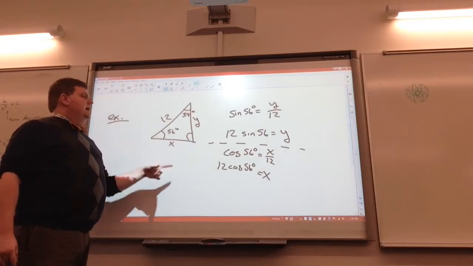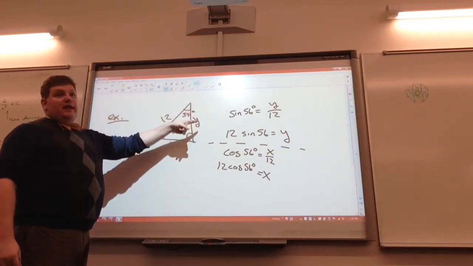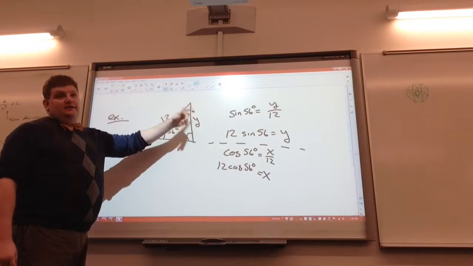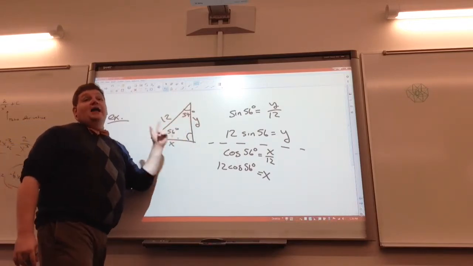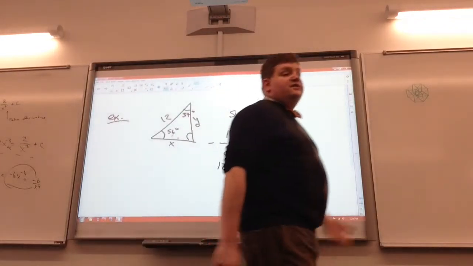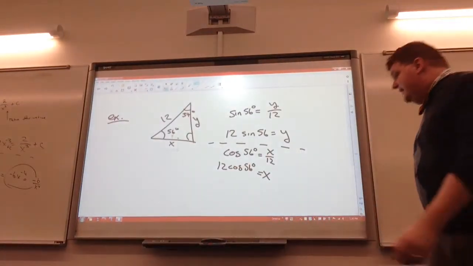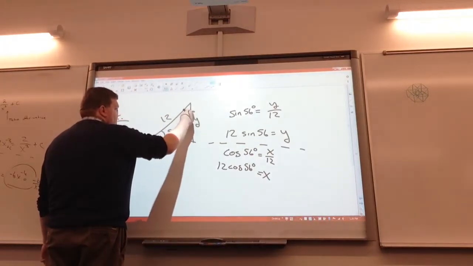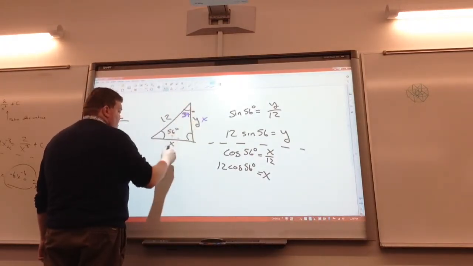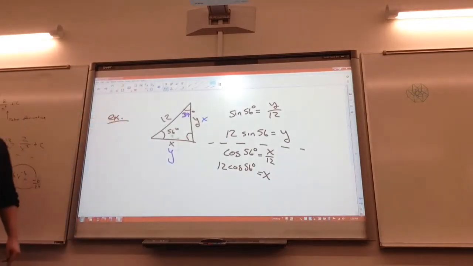So this side here would be found by doing 12 cosine of 34, and this one would be found doing 12 sine of 34, because the opposite and adjacent would flip. That would become x, and that would become y. Sine and cosine still remain sine and cosine. It just makes you use a different angle.